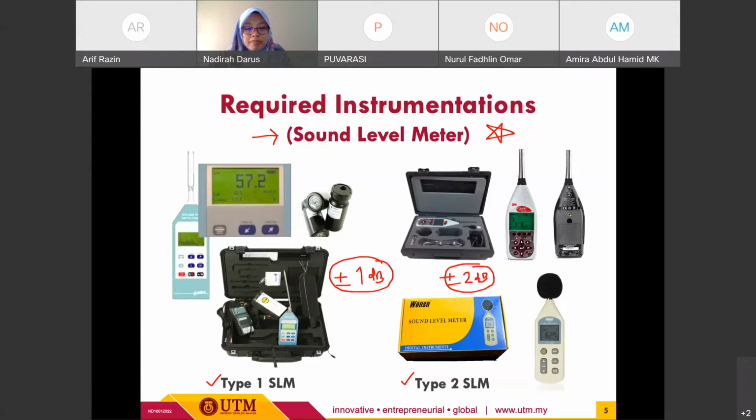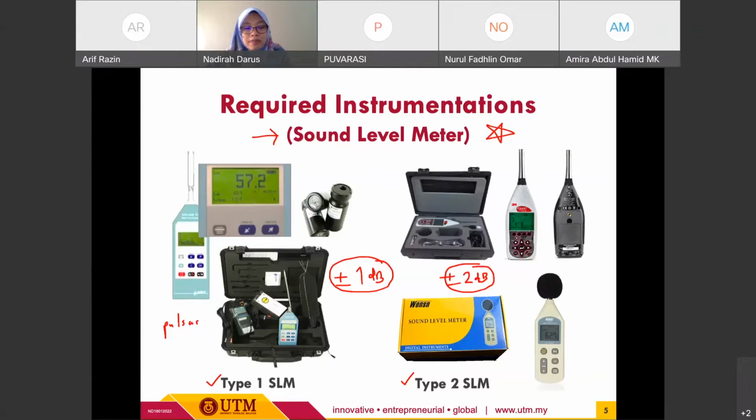Okay, for example, type 1, one model lah, model dia Pulsar. Okay, kalau nak tengok, kita boleh tengok juga and this one is available in our lab. Okay, so for the actual measurement, saya sendiri dan the rest of the persons in charge memang menggunakan alat ni. Okay, so Pulsar is one of the models for type 1 sound level meter.